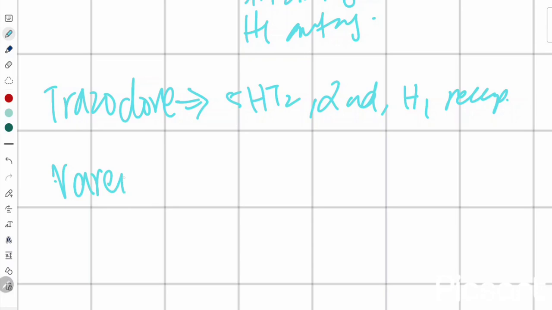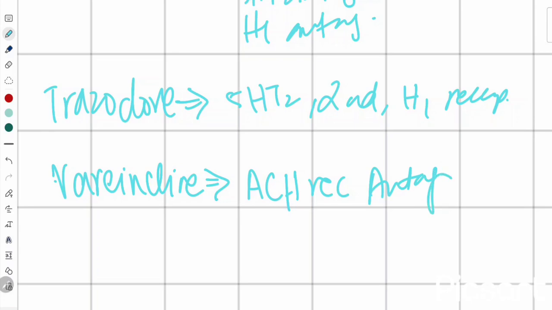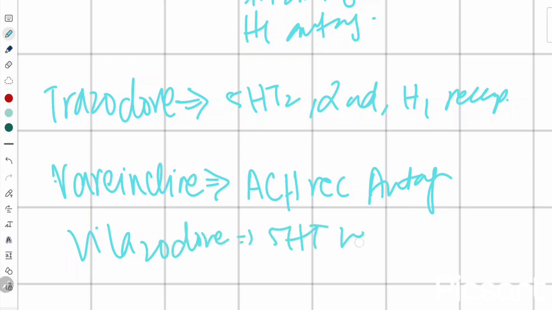Then we have varenicline. Varenicline is an ACH receptor antagonist, and it is also used for smoking cessation. Then we have vilazodone, which is a 5-HT reuptake inhibitor.